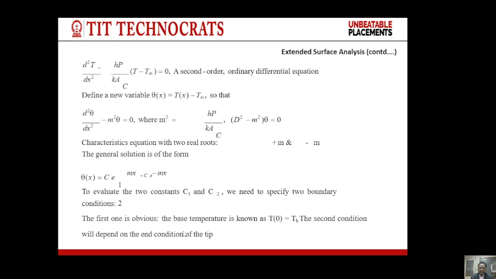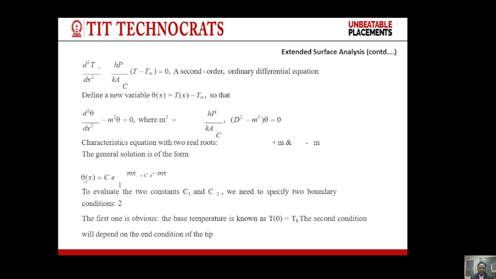By applying the energy balance, we will get the equation for the temperature distribution throughout the length of this extended surface, which is also known as a fin. So we can say that the temperature profile is of exponential nature. The temperature profile of this fin or extended surface will be an exponential variation of temperature.